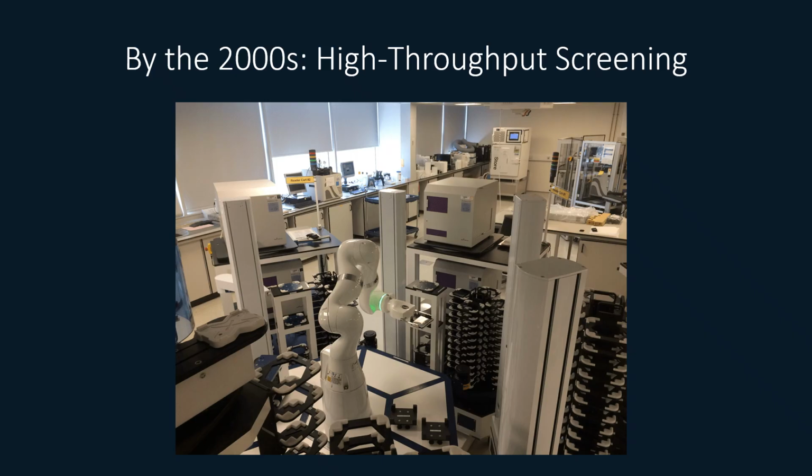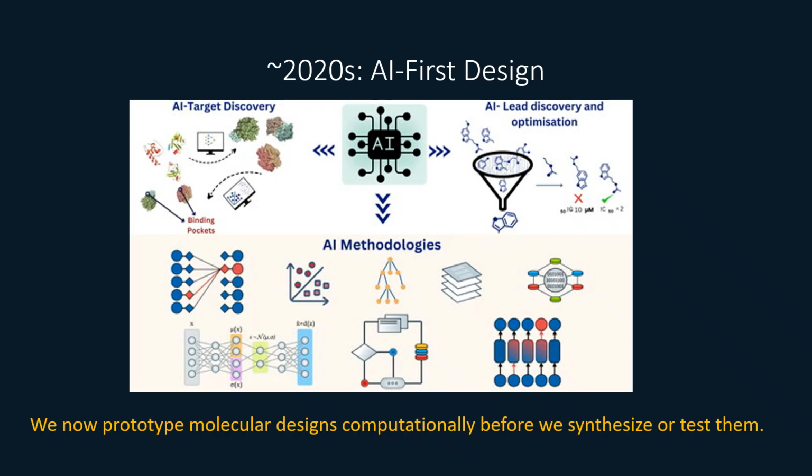And then we finally see the true change. That is in the 2020s, you can think AI, ML first design. We have used computational models to support screening for decades, but the 2020s mark a specific tipping point.